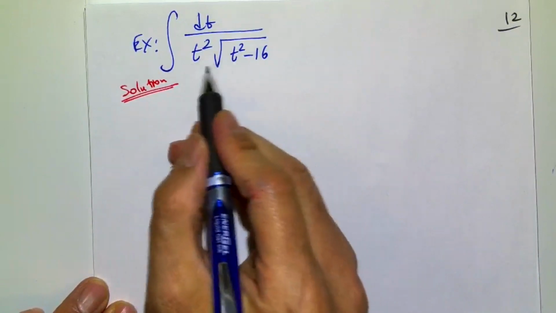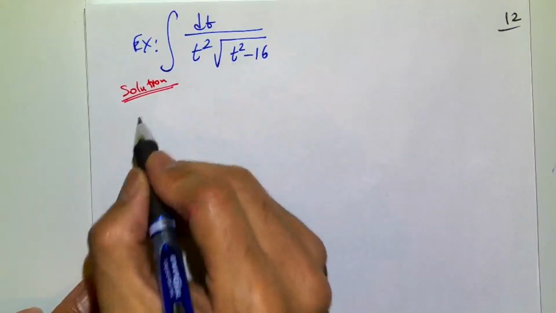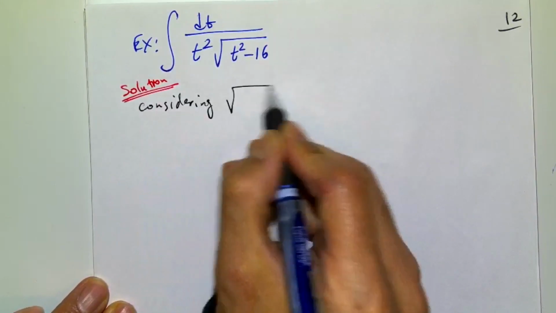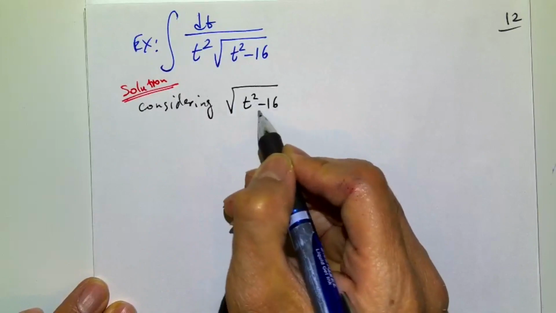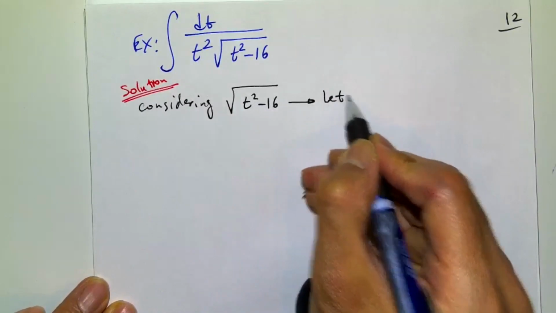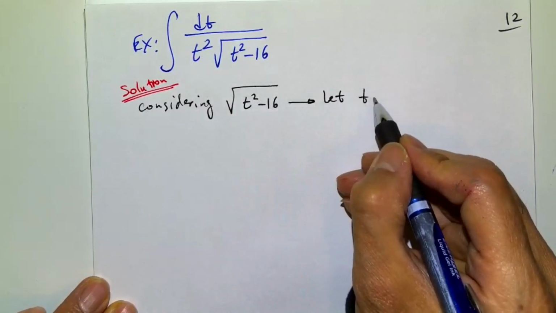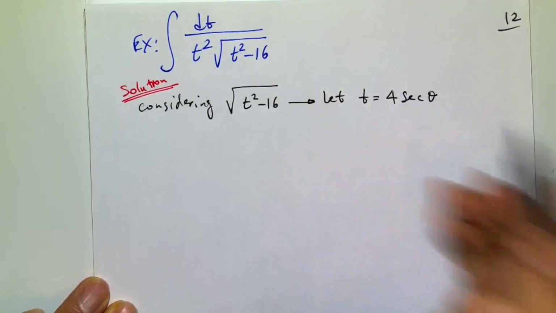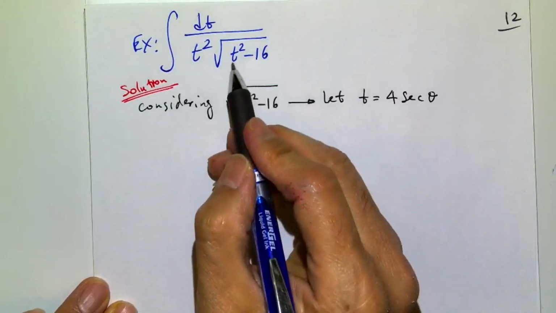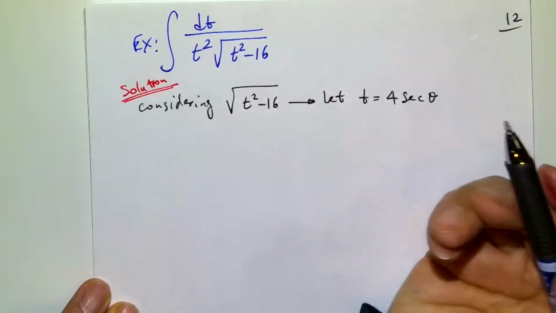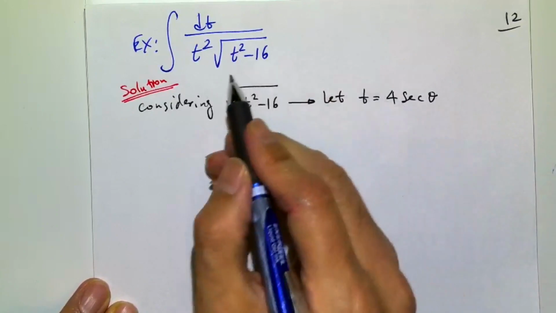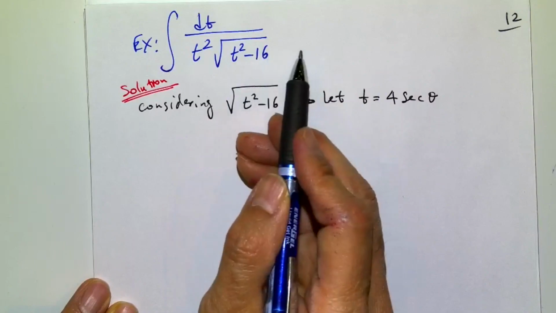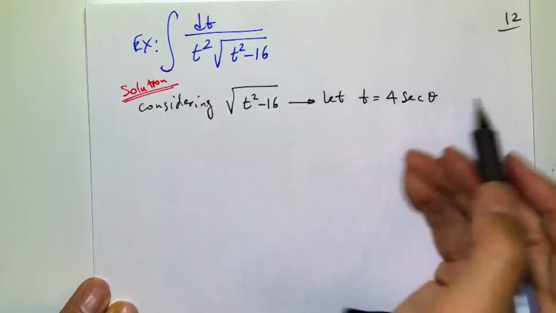So considering that we have that term, we want to let t be equal to 4 secant theta. This is one of the cases we have, whenever you have a variable squared minus a constant squared. You use a secant theta; in this case, a would be 4, because 16 is 4 squared.